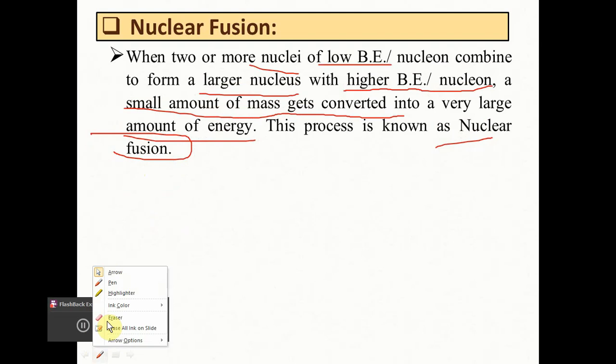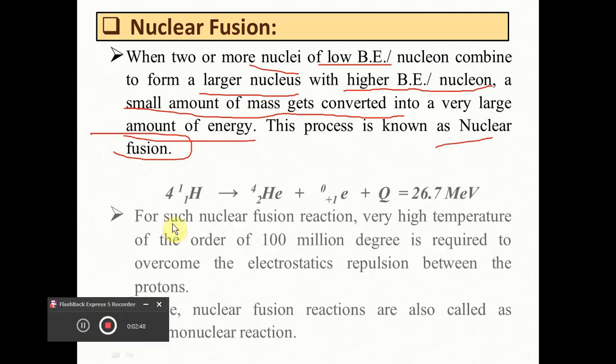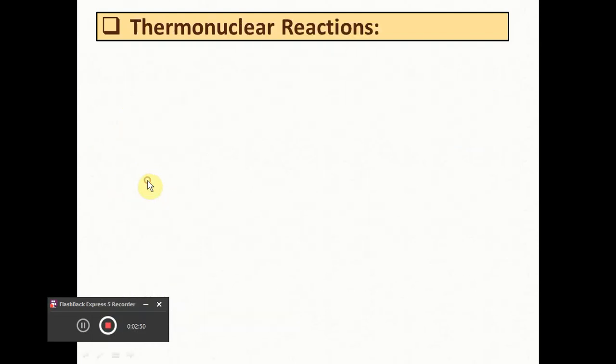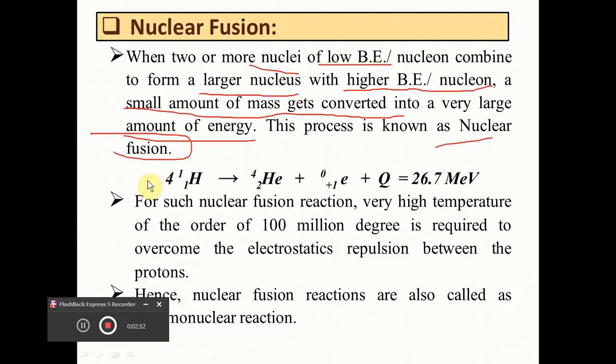This is one of the examples, which indicates the combination of four hydrogen nuclei giving the formation of a helium nucleus with the liberation of positrons and a large amount of energy, 26.7 million electron volts.